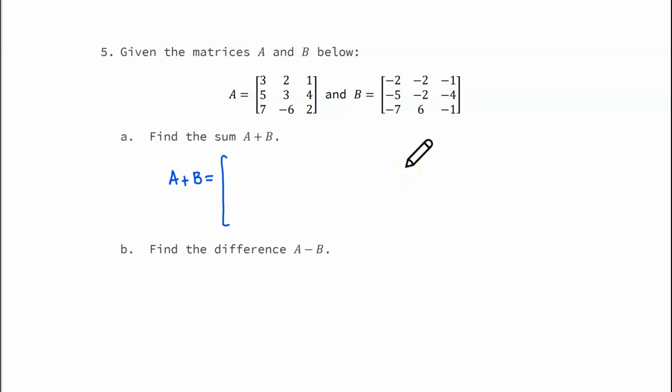So you have 3 plus negative 2. And 2 plus negative 2. And then 1 plus negative 1. For the second row, we have 5 plus negative 5. And 3 plus negative 2.